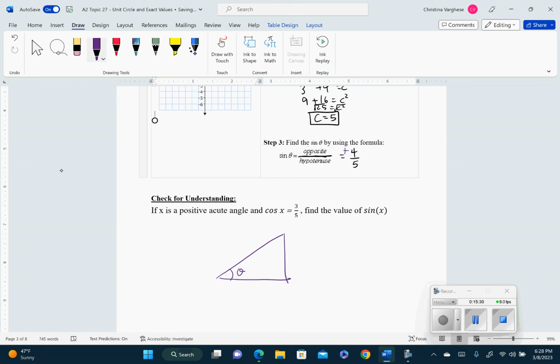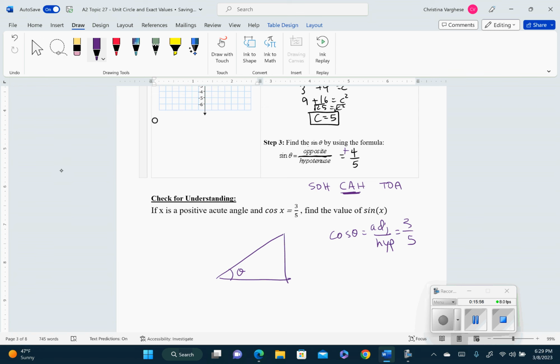Just to refresh your memory, SOH CAH TOA, okay? That's a C. So cosine, that's the one that we're using. So cosine is equal to A, adjacent, over H, hypotenuse. And they're telling you that your cosine is 3 over 5.